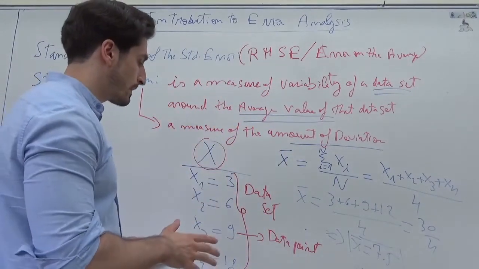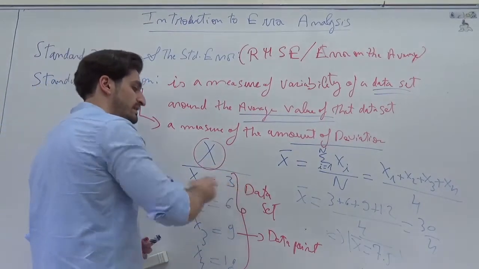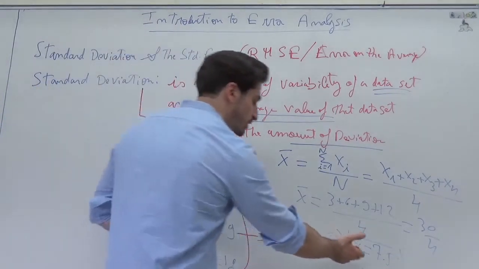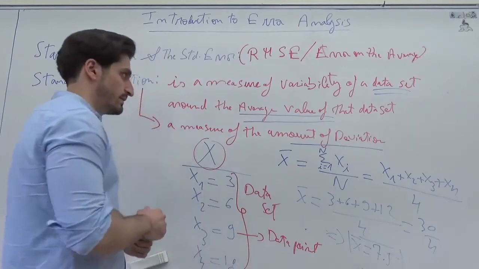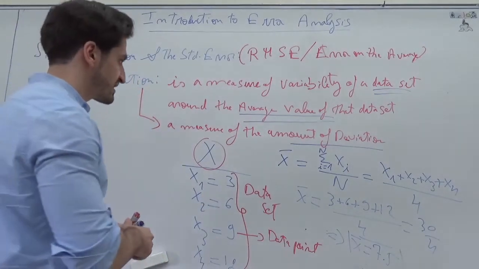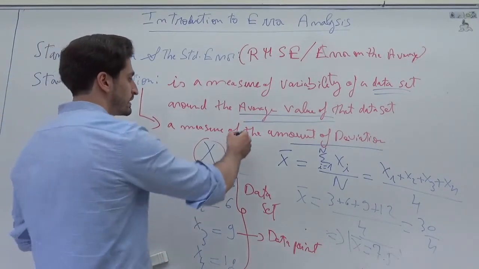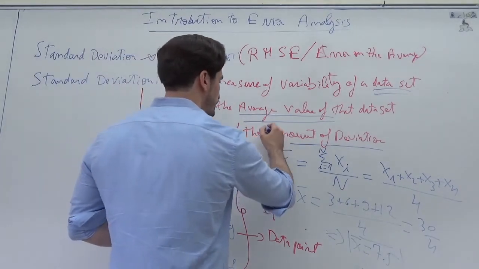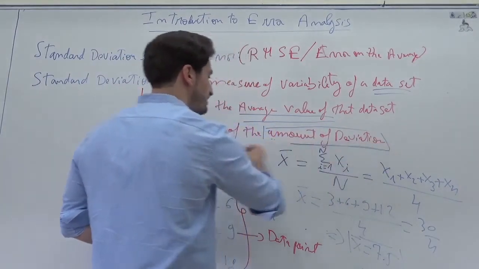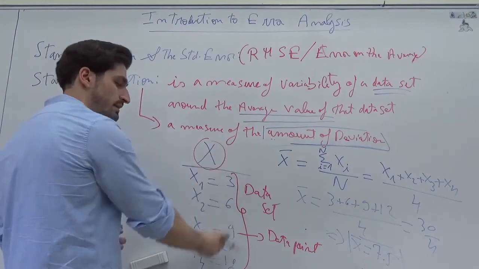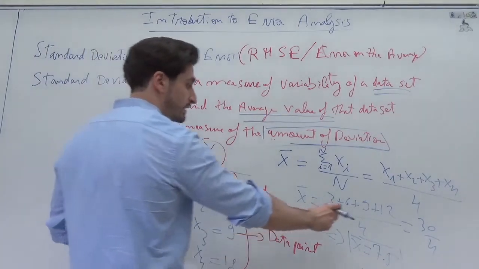So far, we have defined what a data set is, and we have determined the average value of that data set. What's left is actually determining the amount of deviation between that entire collection of points and the average value.